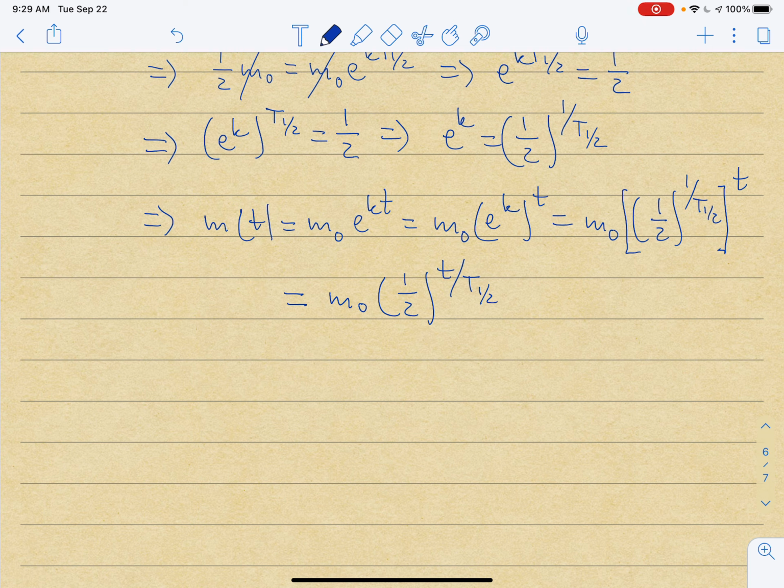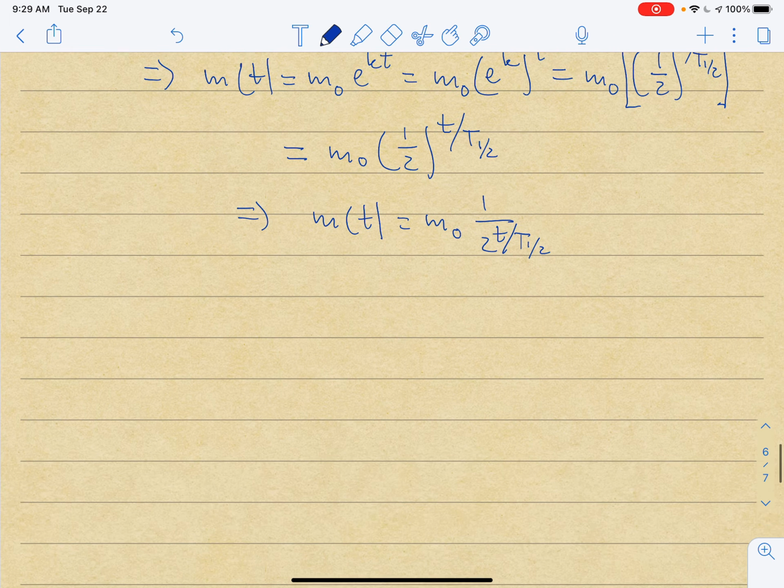And so we get the second formula for m of t, now written in terms of the initial amount and then half-life. All right, so you can use either formula in the practical problems that you're trying to solve.